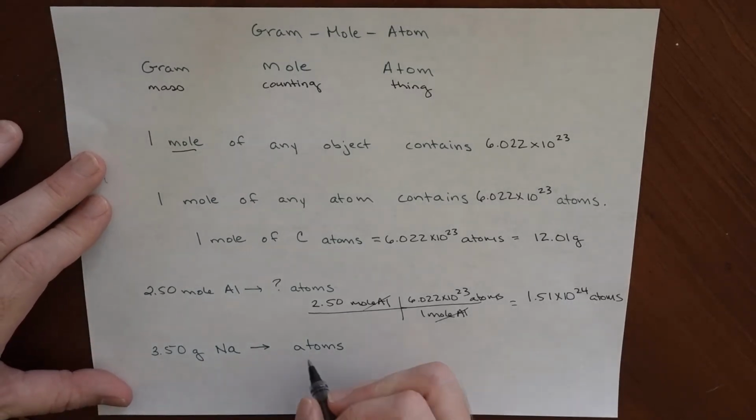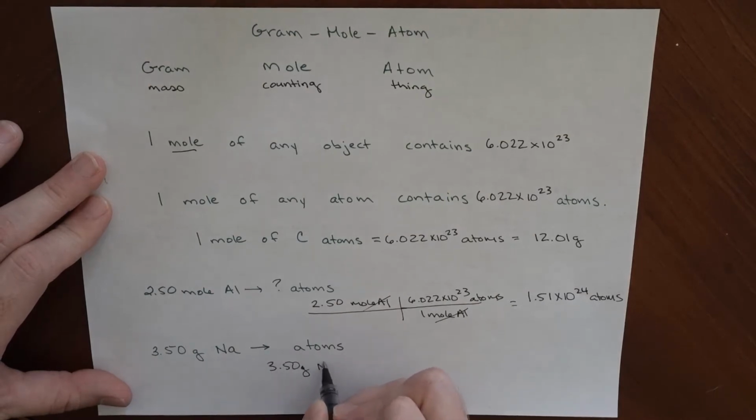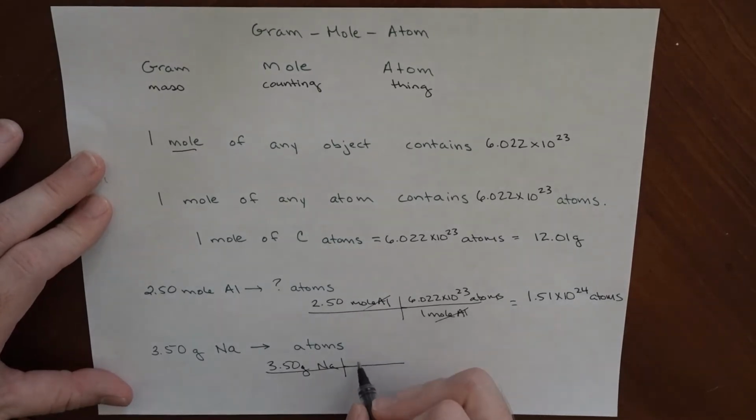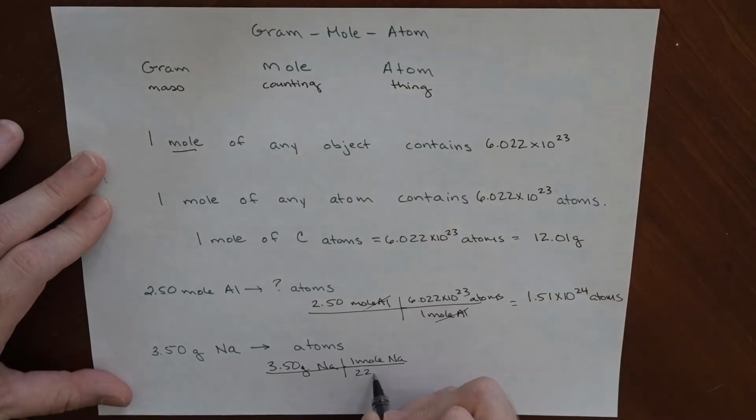3.5 grams of sodium. How many atoms is that? All right, well, 3.5 grams of sodium. There's no real direct connection between grams and atoms without going through the mole. So a mole of sodium would have a mass of 22.98 grams. That's per the periodic table.